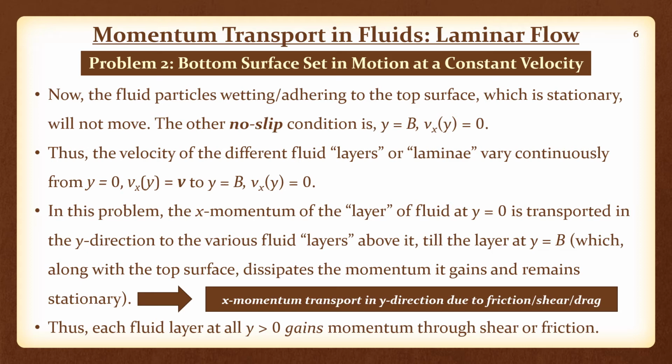In the case of flow between two parallel plates, at the entrance all the fluid layers entered with an x momentum, and except the center layer, all the layers lost their momentum in the y direction to either of the stationary surfaces, the top or the bottom. On the other hand, in this problem, each fluid particle in every layer at y greater than 0 gains momentum from the bottom surface.